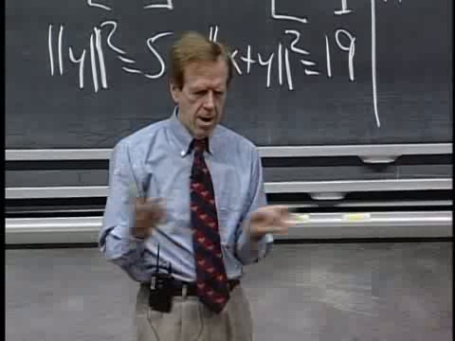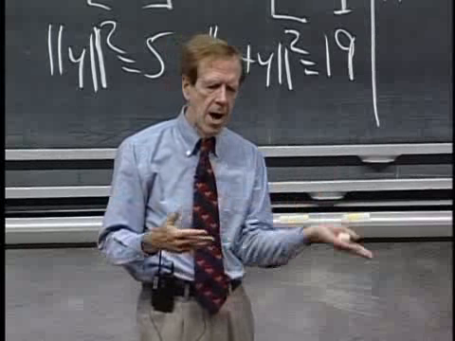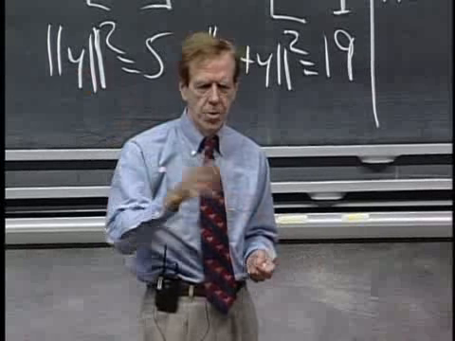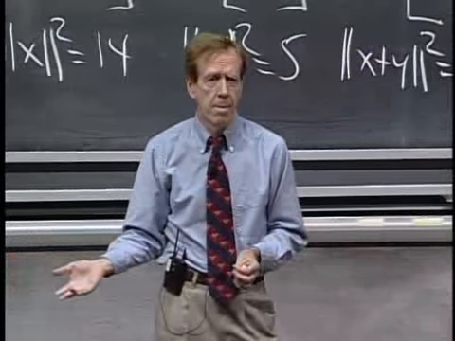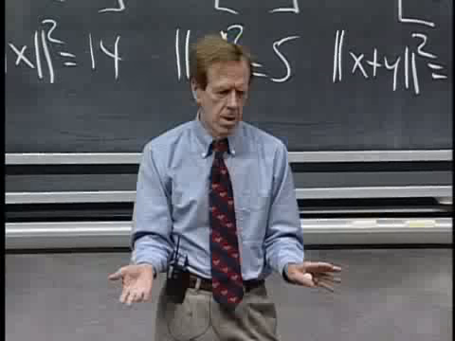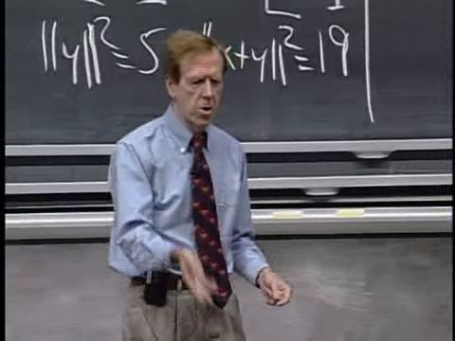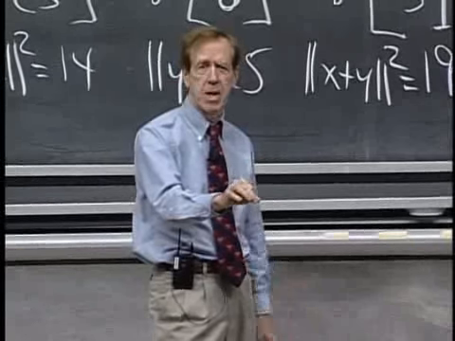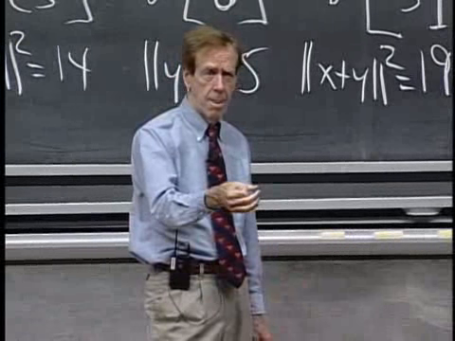Okay. Now, when is a line through the origin orthogonal to the whole plane? Never, right? Never. When is a line through the origin orthogonal to the zero subspace? Always.